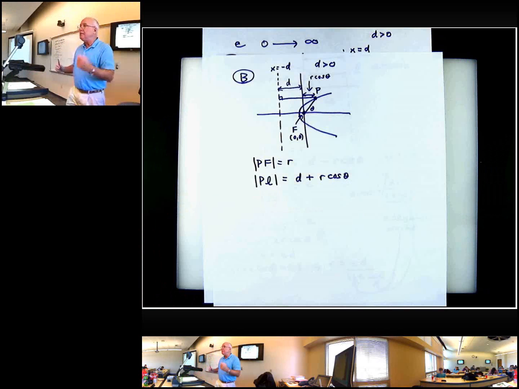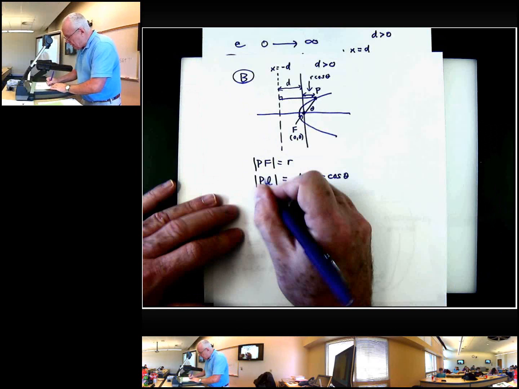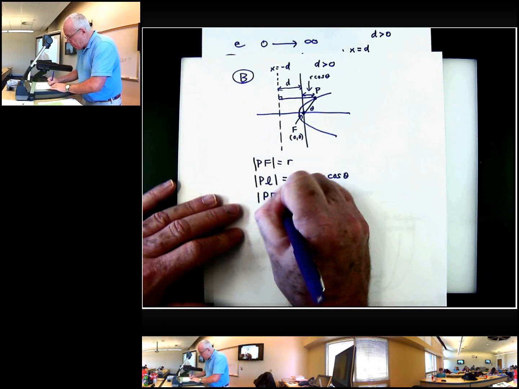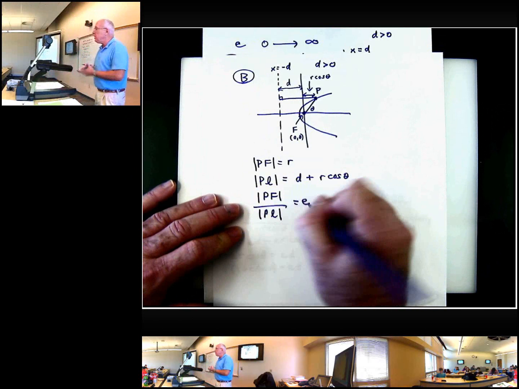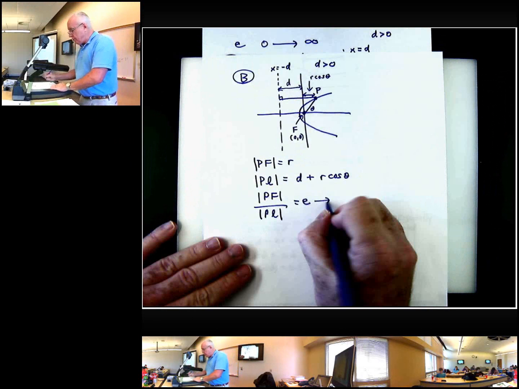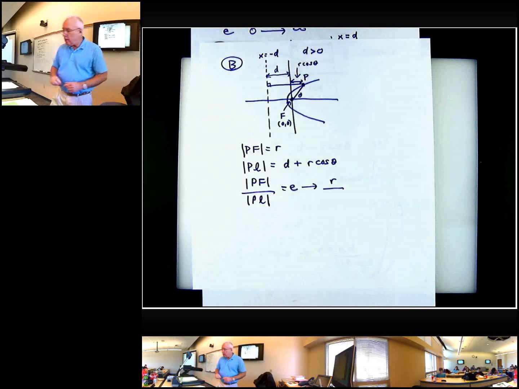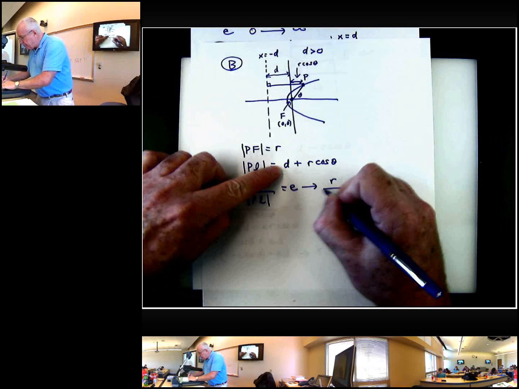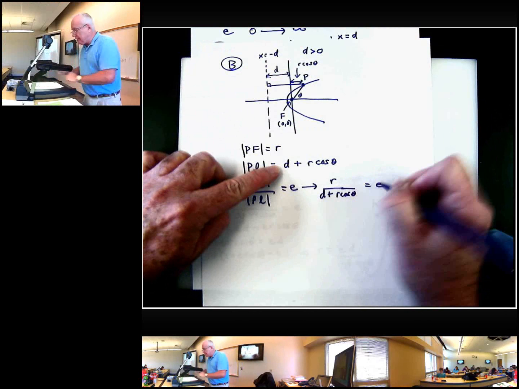Previously it was d minus r cosine of theta. Then again we look at the ratio of PF over PL, and that's going to be equal to our number e. So I substitute again for PF, I have r. For PL, I have d plus r cosine of theta, and that's equal to e.